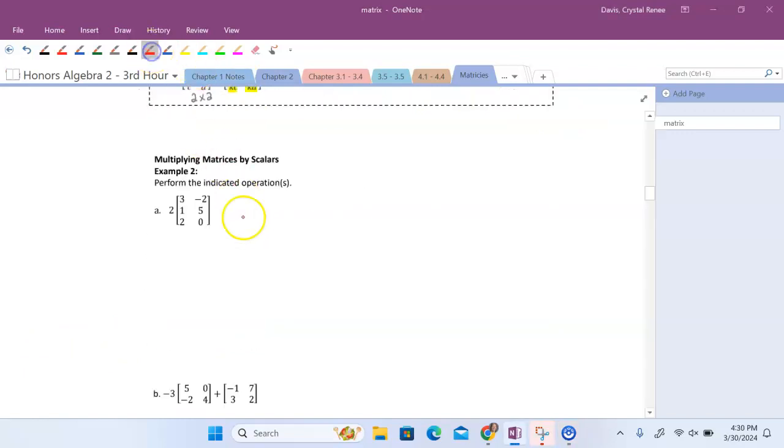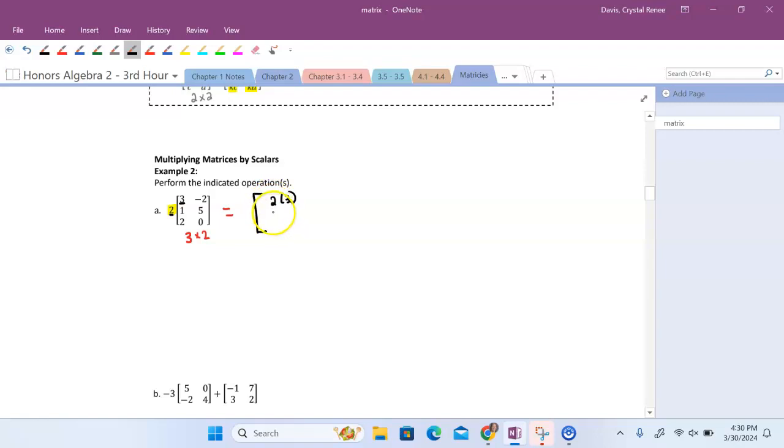All right, so if I look at A, notice I have a 3 by 2 matrix, and then I have a scalar right here, and my scalar is a 2. So I'm going to distribute it to each one of the elements. Some of you don't have to write this all out, but I'm going to write it out just for those of you that need it. So my new matrix would be 2 times 3. I got that 3 from right here, the 2 from right here.